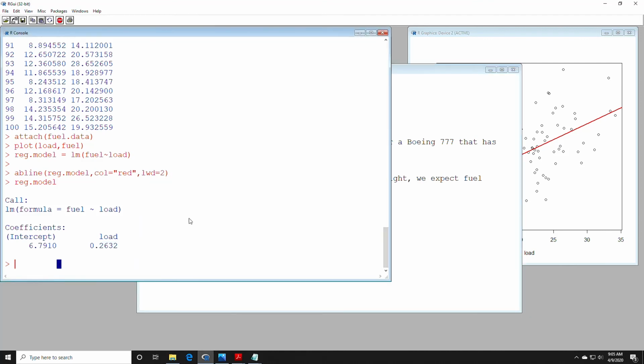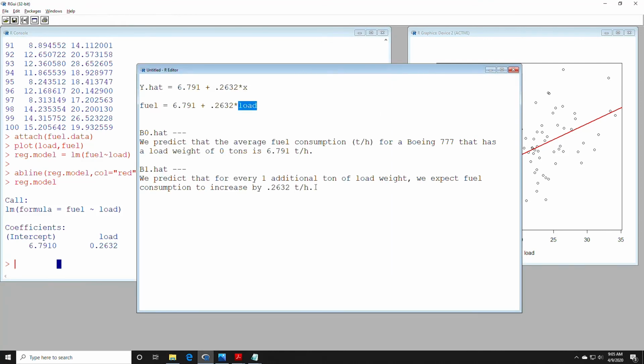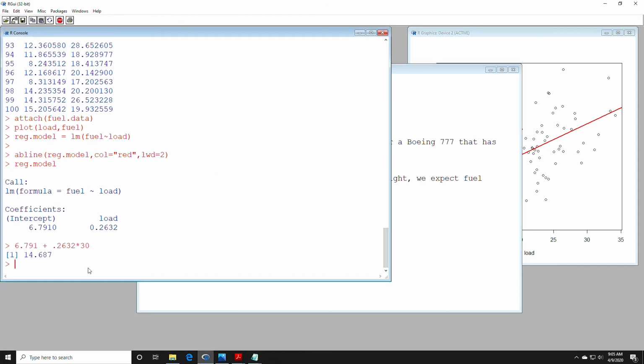Okay? So I'll type it in here and copy paste it here. So just put in 30, right? And then that's our estimate. So looks like about 14.7, okay?